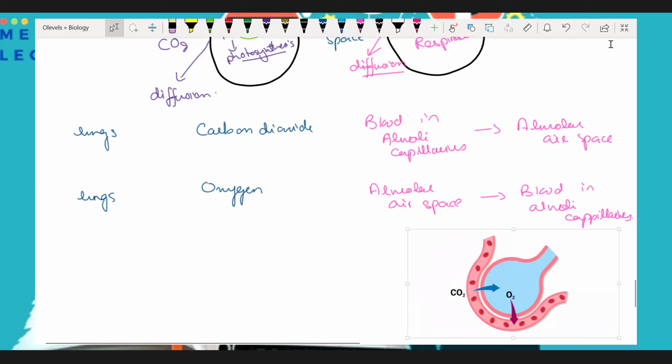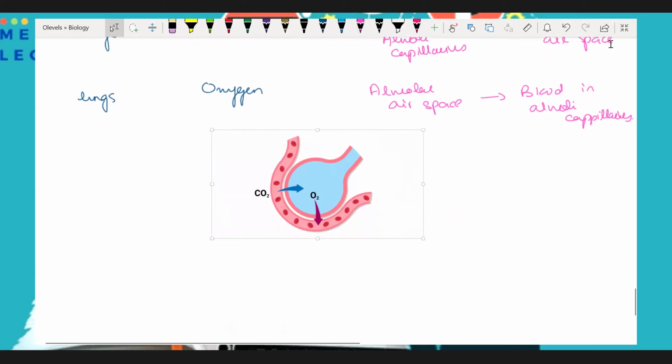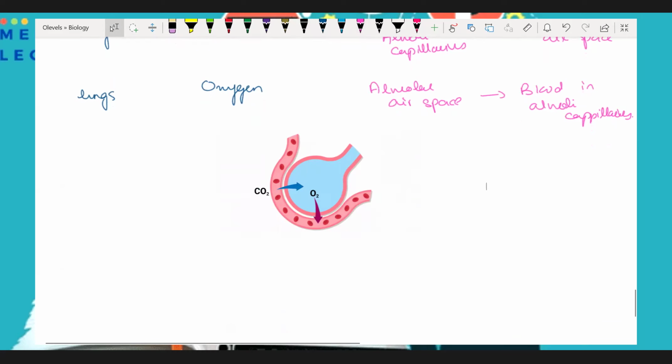Okay, now we can see that in this image as well. When we inhale, the air contains oxygen, and the air we exhale contains carbon dioxide, right? This is an image of one alveolar sac, and this is the blood capillary that surrounds the alveoli.